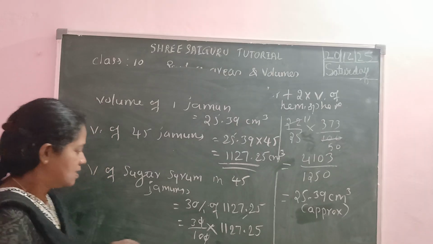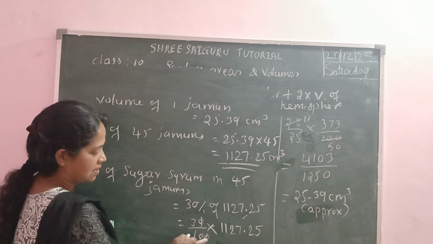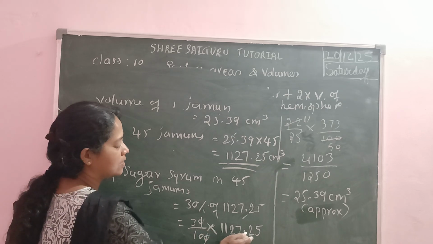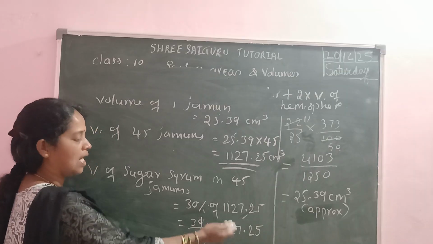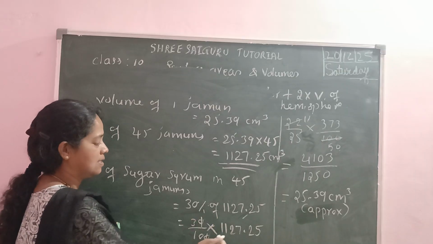Final answer. See here 10 and 10 cancel. Now see this number 1127.25. When you divide by 10, the point will shift one place towards the left-hand side. Understand?